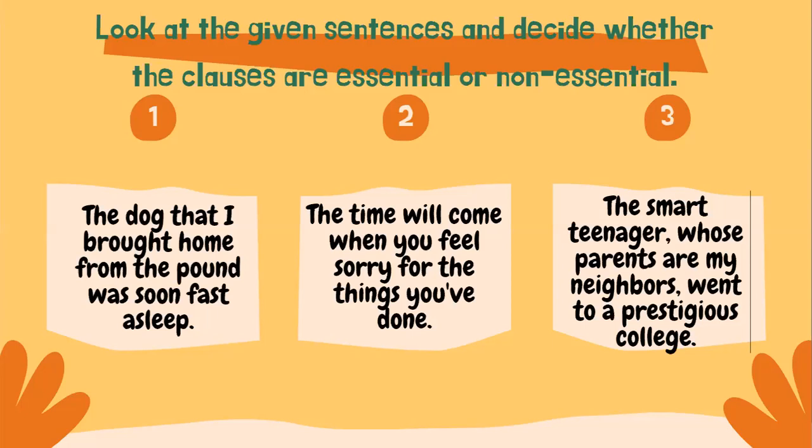Number two, the time will come when you feel sorry for the things you've done. Again, you must guess. Ask yourself this question: is it necessary? Number three, the smart teenager whose parents are my neighbors went to a prestigious college. What do you think?